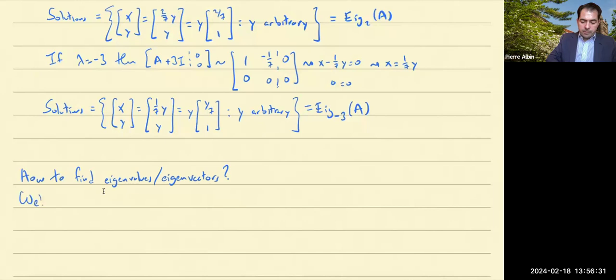Well, we're looking for non-zero vectors V satisfying (A minus lambda times the identity) V equal to 0.